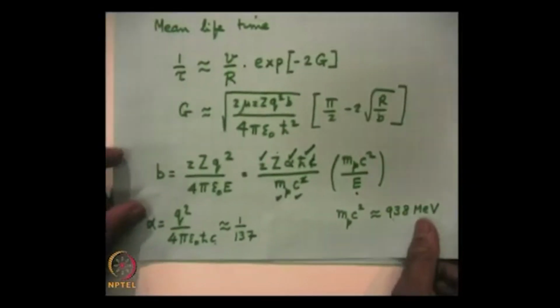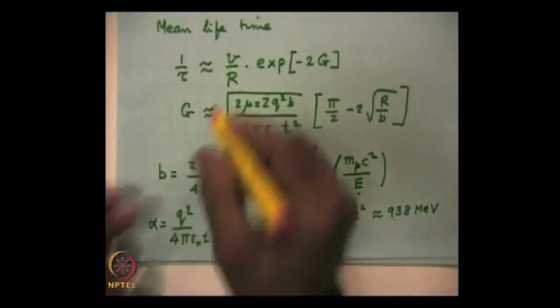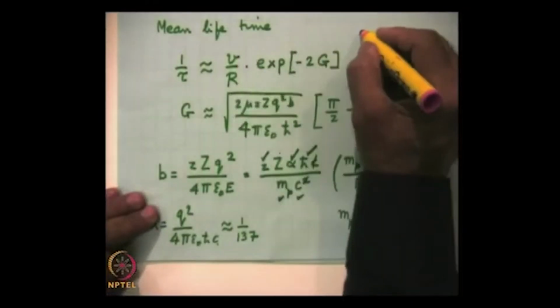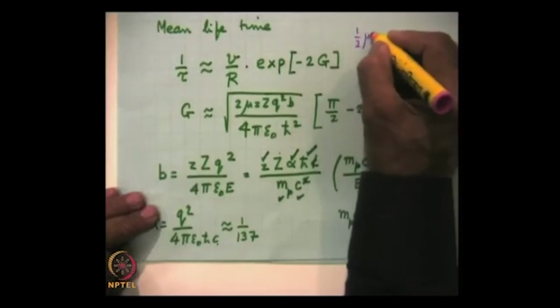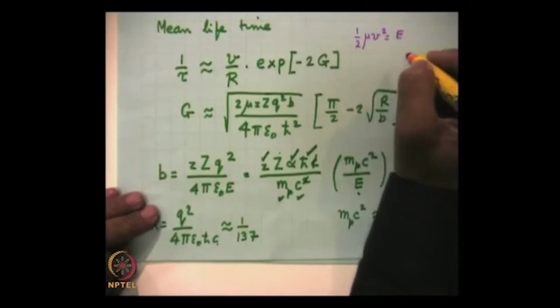If you now use this and substitute it in this expression, also remember that the velocity of the alpha particle is related to the energy by half mu v square is equal to E, where mu is the mass of the alpha particle.